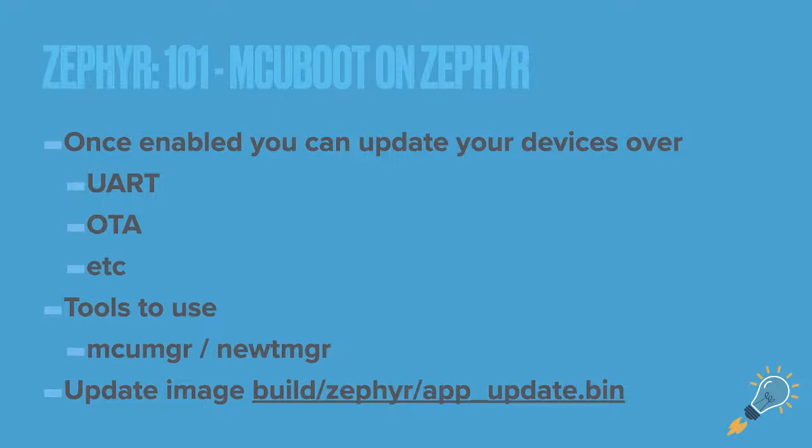And remember, when you build an application with MCUBoot turned on, it will build the update binary, and that is located in the build folder, zephyr app_update.bin. That is the important one.